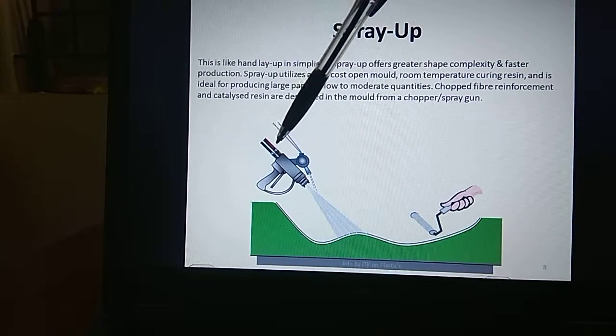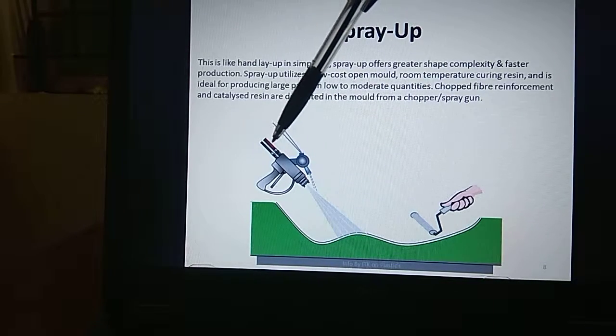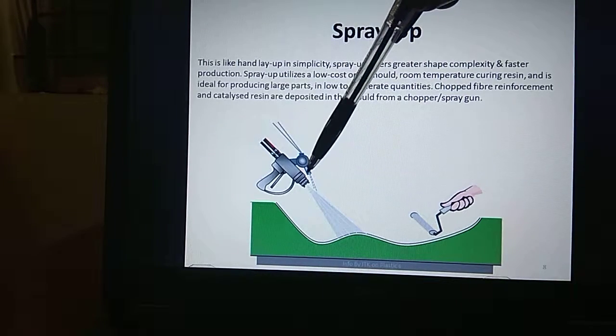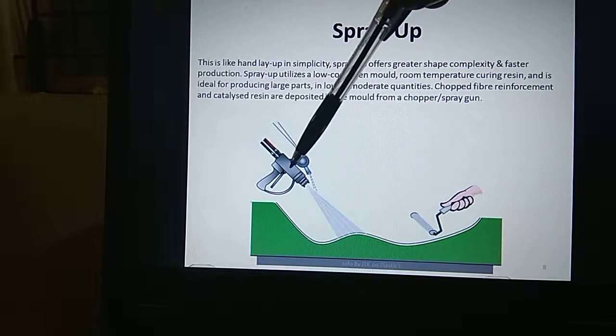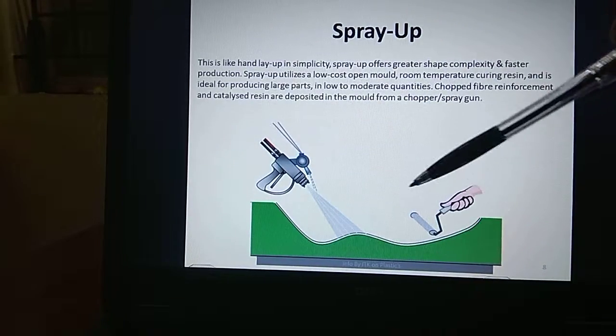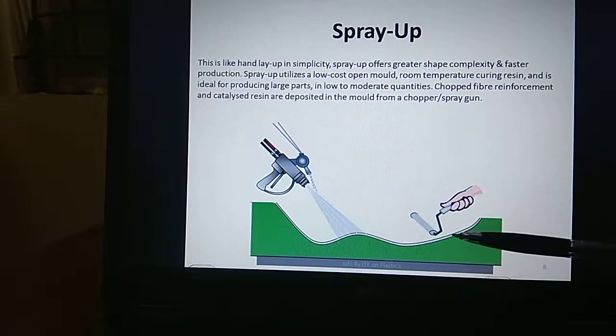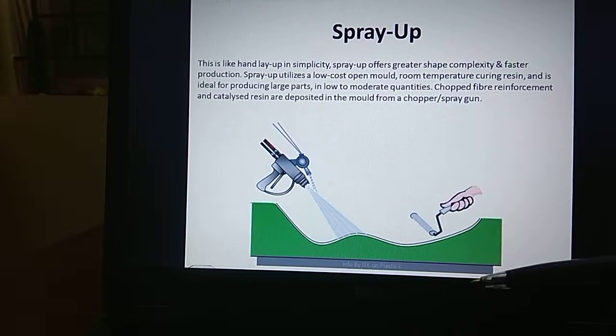The two pipes you see give resin into the mold under pressure, and the chopped fiber along with the resin is sprayed into the mold. Just like in the open mold or hand layup process, once again the roller is applied on the sprayed area to remove the entrapped air.